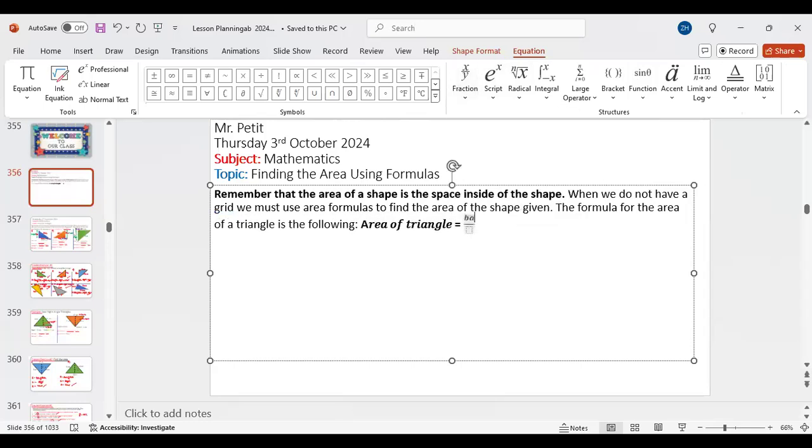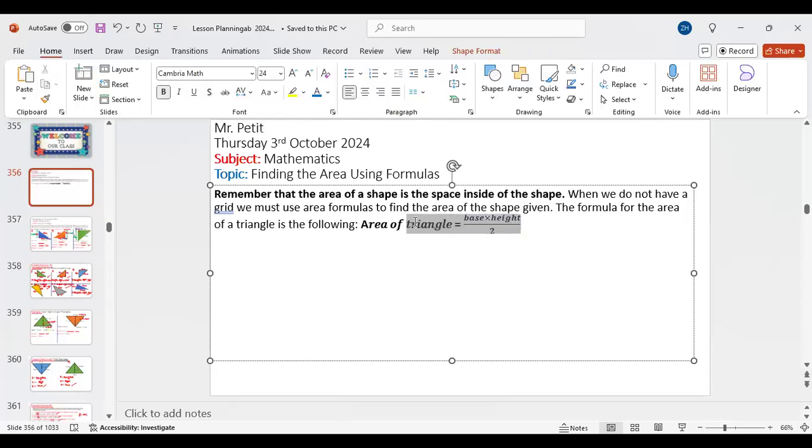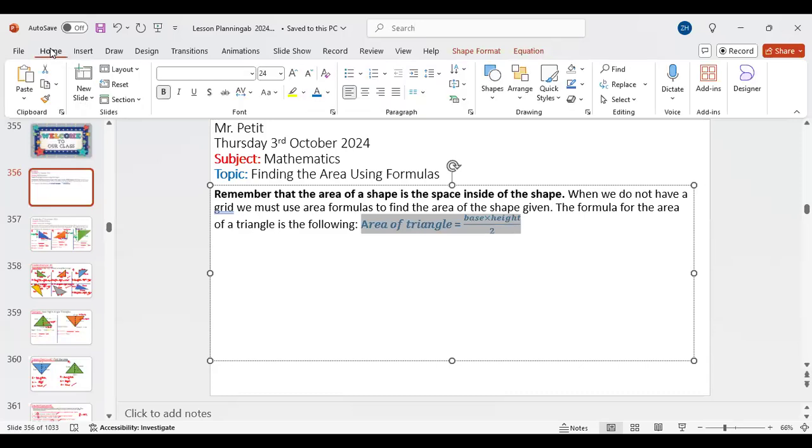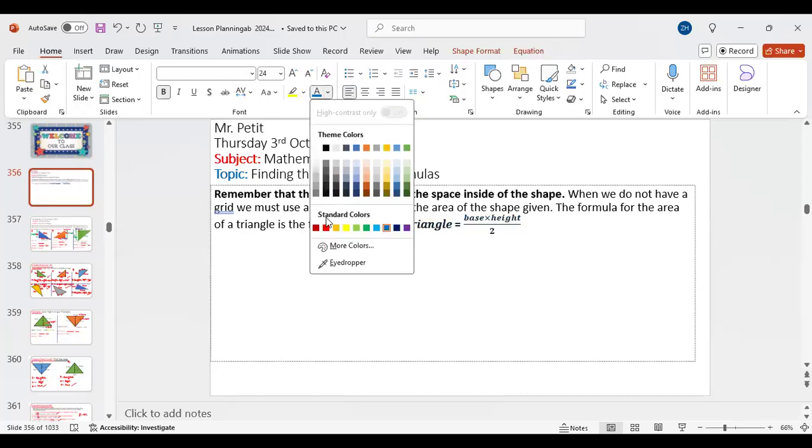Same thing, base times height divided by 2. That's the area of the triangle. That's the formula. Base times height divided by 2.